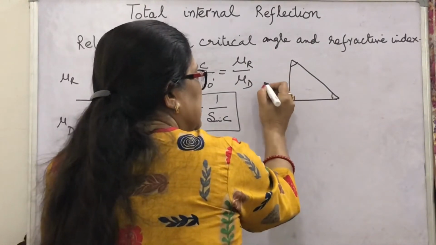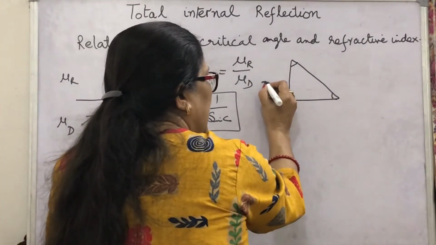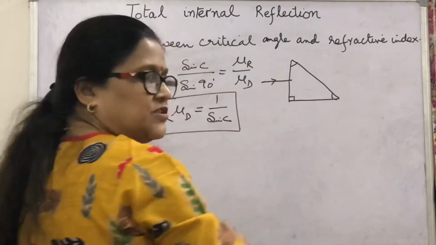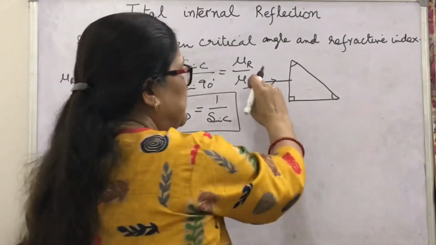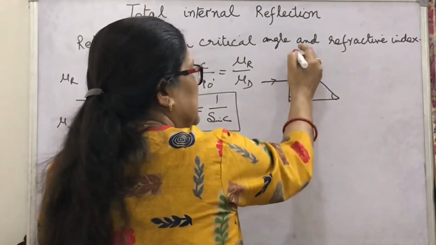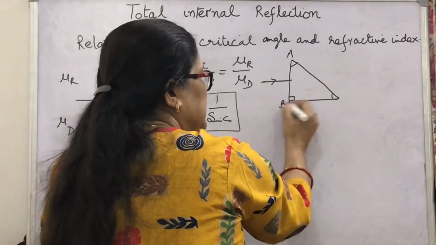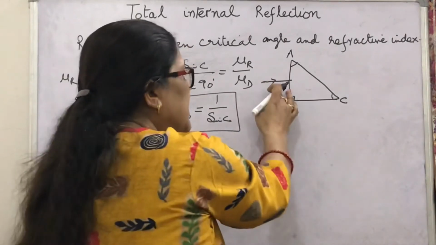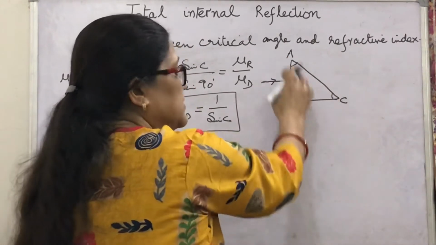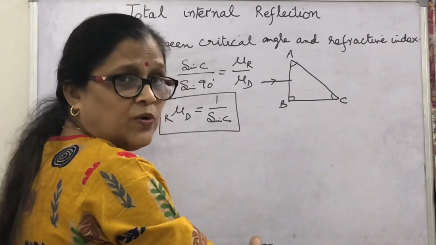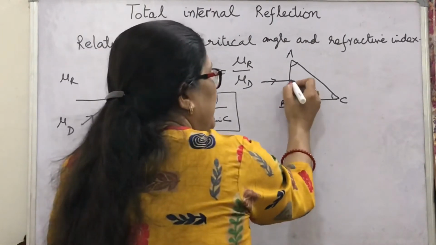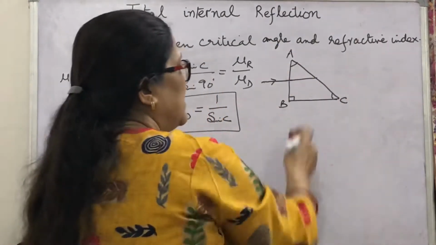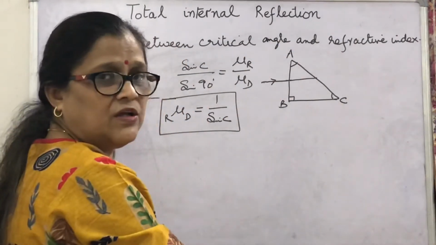What happens is that the ray of light which comes here from air to glass is perpendicular to this surface. Suppose I name the prism A, B, C. Will it bend if it is going perpendicular to the surface AB? No. So it will move straight and come to this point at the surface AC.